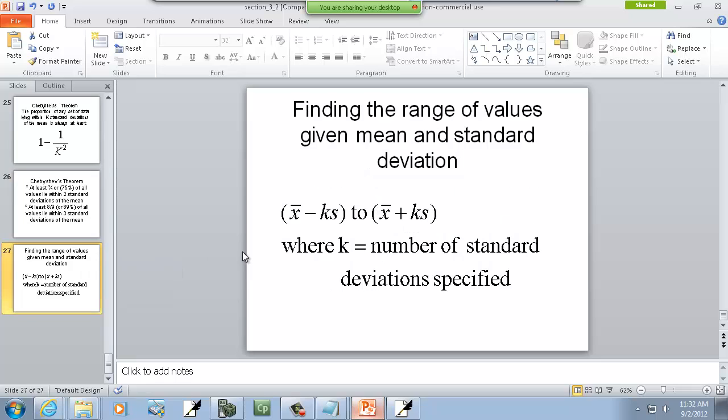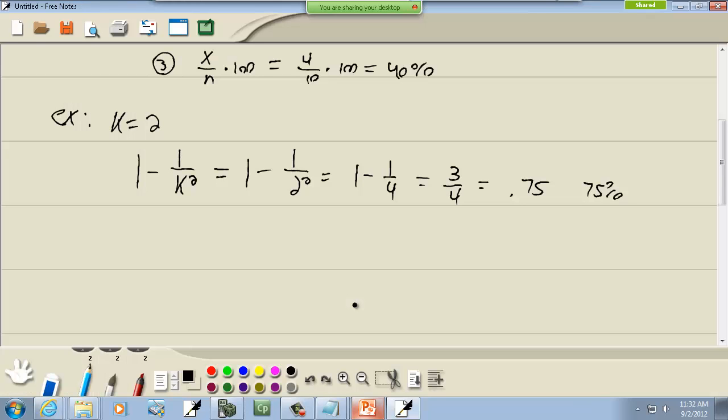Now, if you ever have a problem that asks you to find a range of values given the mean and standard deviation within so many standard deviations. So, for example, they give us x bar is 10, and sample standard deviation is 2, and they want to know within 2 standard deviations.